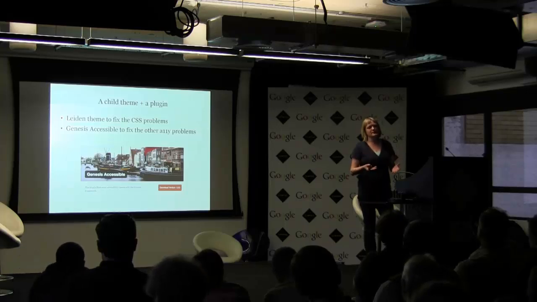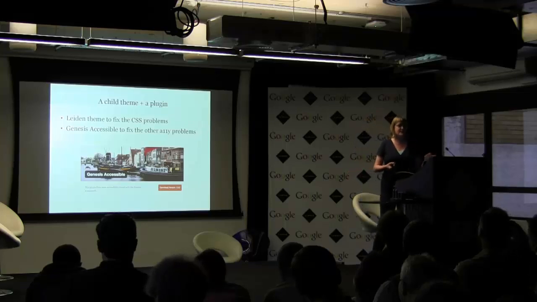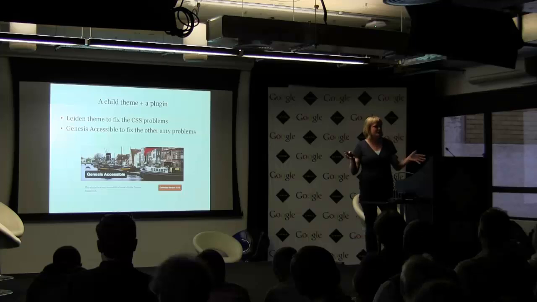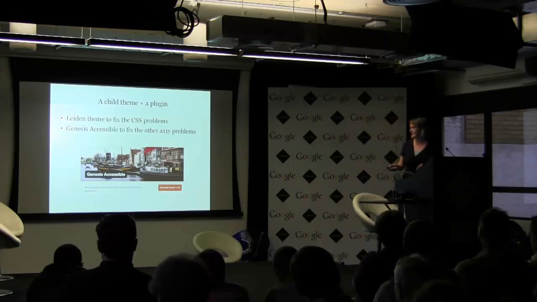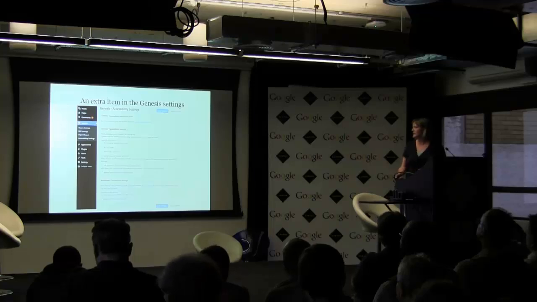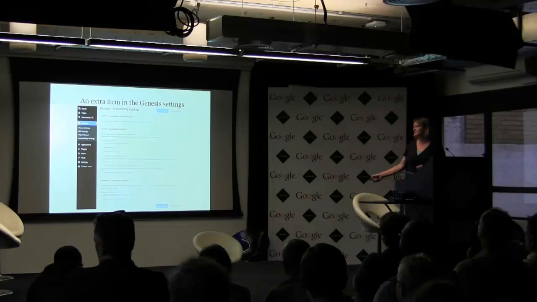So if you don't know code and just need an accessible website, you install the Genesis theme and the plugin, and you've got an accessible website out of the box. I'm not responsible for the content you put in after that. When you install the theme, you've got an extra menu item under Genesis, that's accessibility settings.